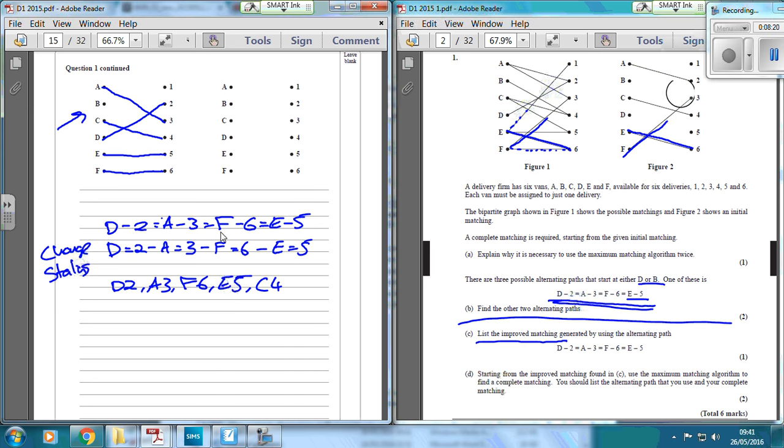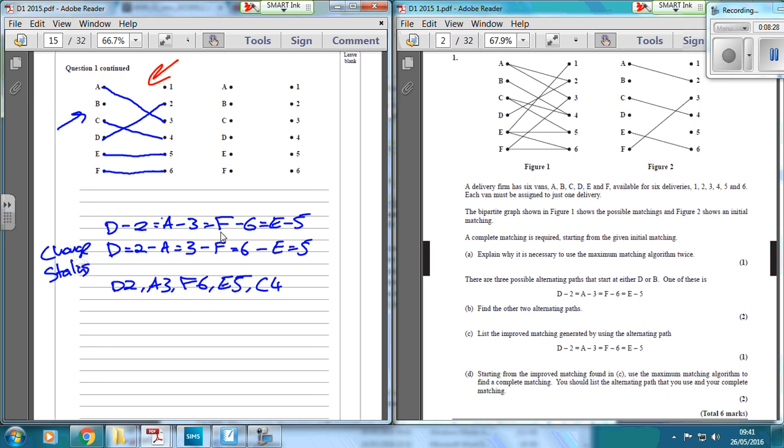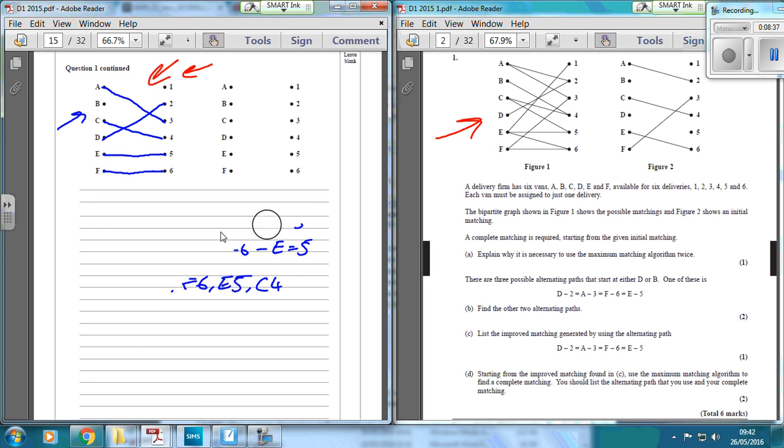So if we use our question paper here on the right of the screen, and we use our initial matching, which we've got here on the left of the screen. So that's our possibles, and this is what we're already matched to over here. So we start off with B. So we see that B can only be matched to 4, but 4 is already matched to C. That equals C, and what we're heading for is 1.